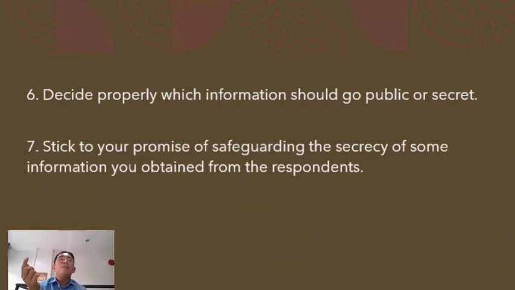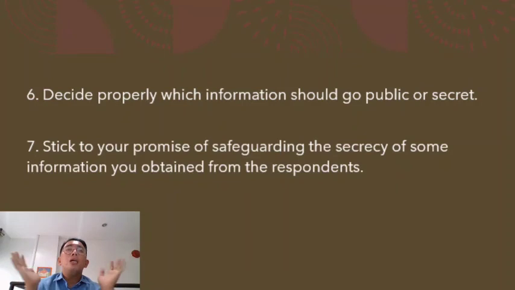We have a law in research, which we will discuss later on, that states that a researcher cannot disclose any information about the respondents and their responses to the questions or to the details of your study. So you cannot compromise the identity of your respondents. Okay.